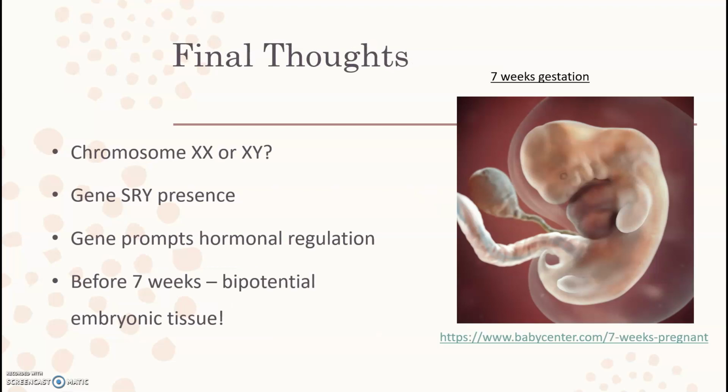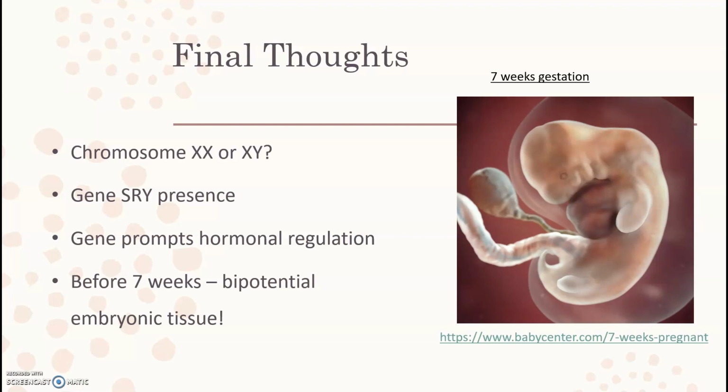So, just some final thoughts. The chromosomal consideration is really important. That begins the cascade of events. Then you have the sex-determining region of the Y chromosome, if that's present, male, not present, female. From there, we get our gonad development.